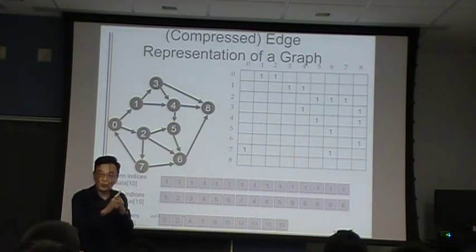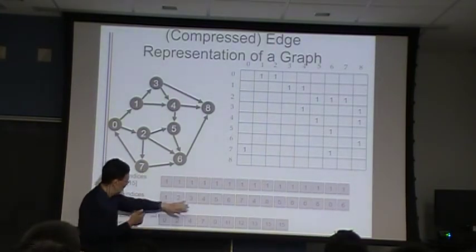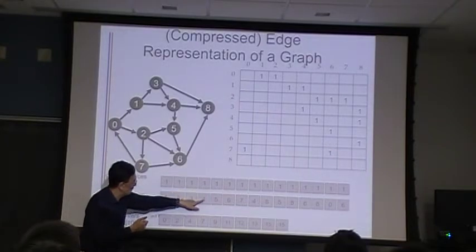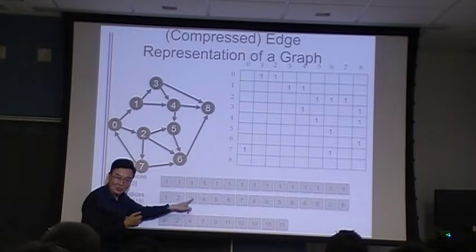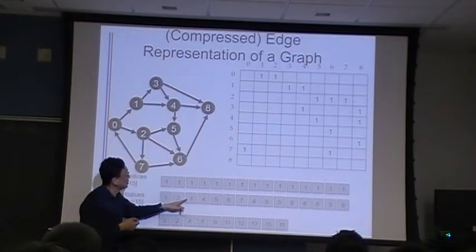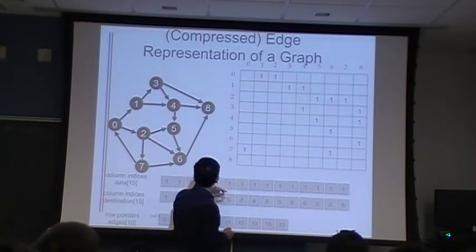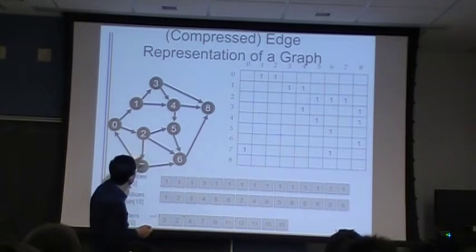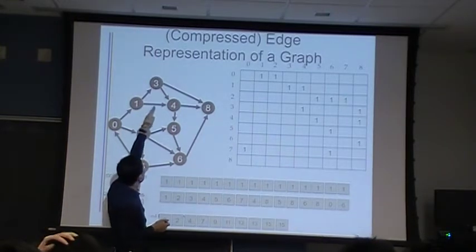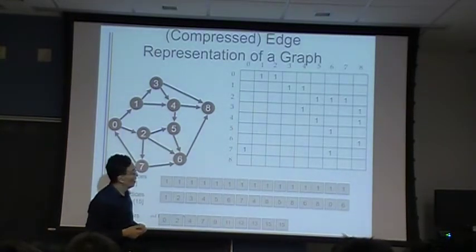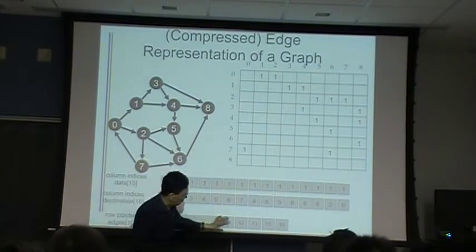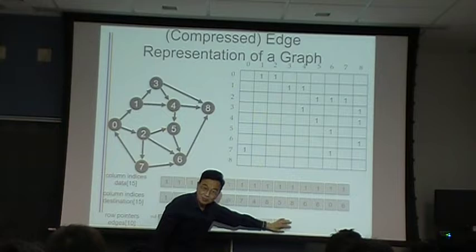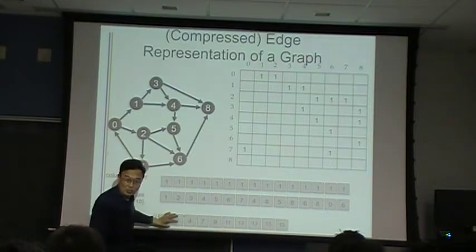So 2 and 3 in this column index array will give me the destination node numbers for that node. So it's 3 and 4, indeed. Node 1 can go into either 3 or 4, right? If I continue to do this, I will exhaust all the nodes, all the source nodes.